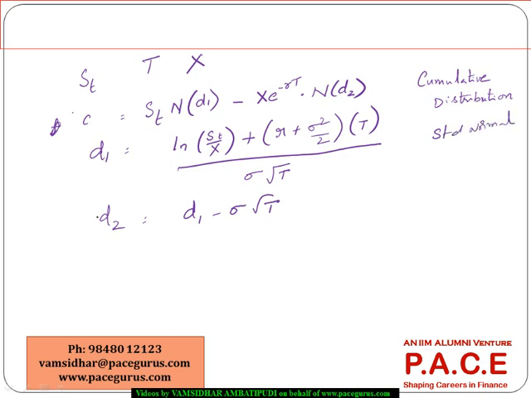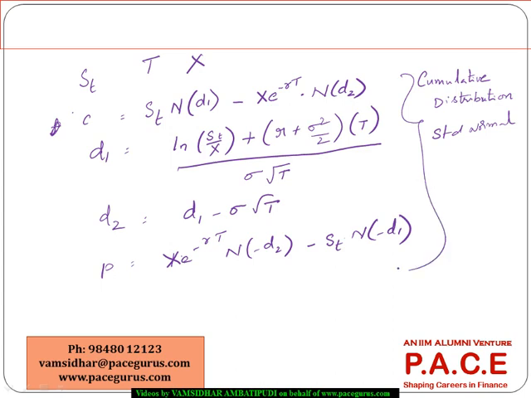And in case of a put option, the same logic gives X e power minus rT N(minus d2) minus S_t into N(minus d1). This is the price of the European put option. From a numerical solving perspective, I can take these directly into a spreadsheet and compute the price of the European call option or the European put option.